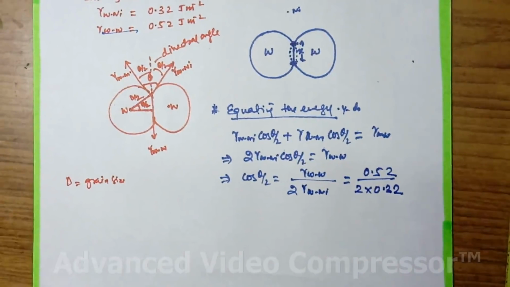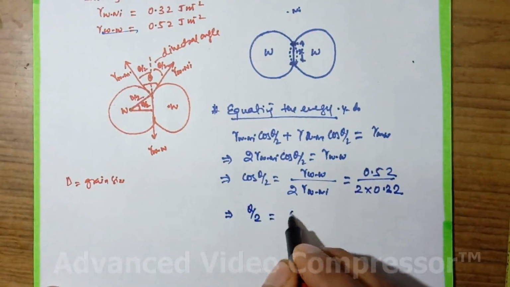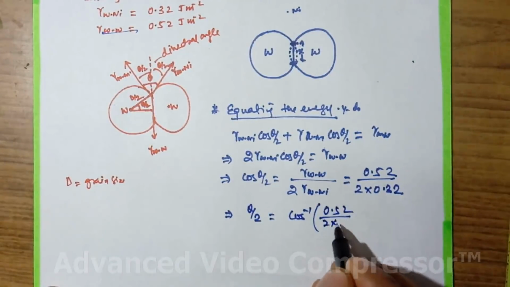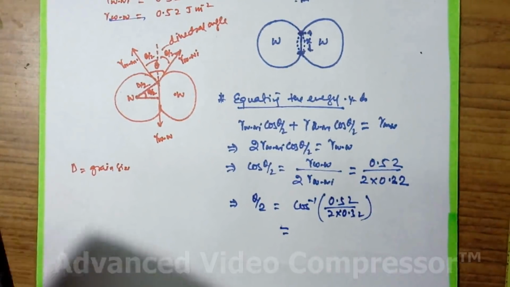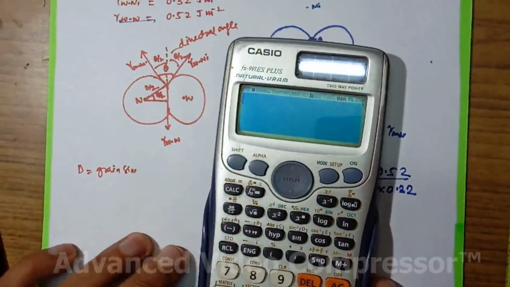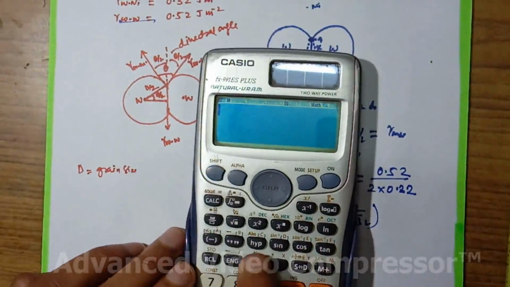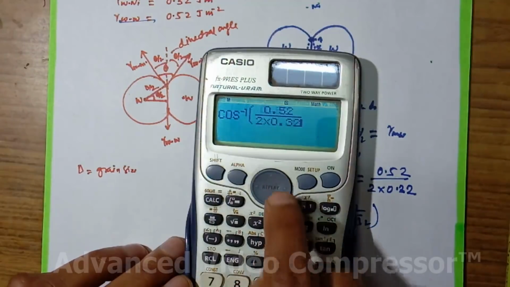So if you calculate, then theta by 2 is equal to cos inverse of 0.52 divided by 2 into 0.32. Here I am using a calculator. In the examination you will be given a scientific calculator, so I am calculating it.